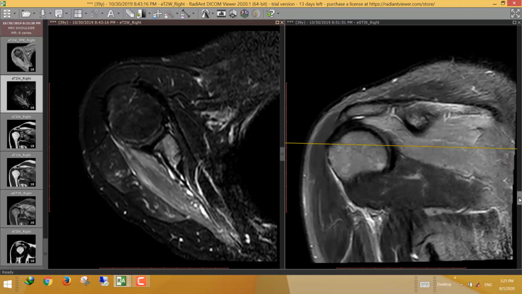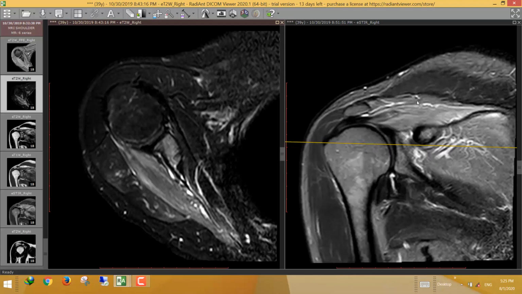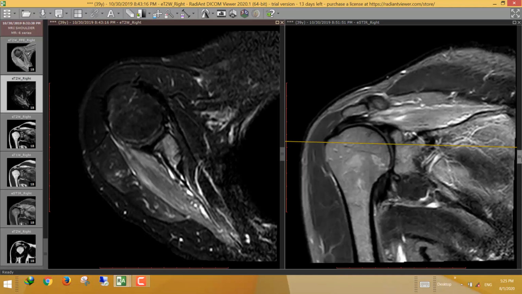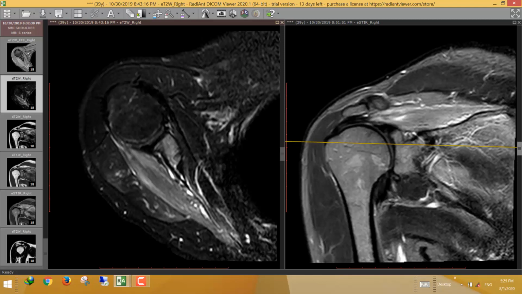This diffuse edema pattern respects the muscle fibers; this is the teres minor, this is the infraspinatus. It involves the whole length of the muscle, respecting the muscle boundaries with no evidence of fiber disruption. So we should think about denervation injury.